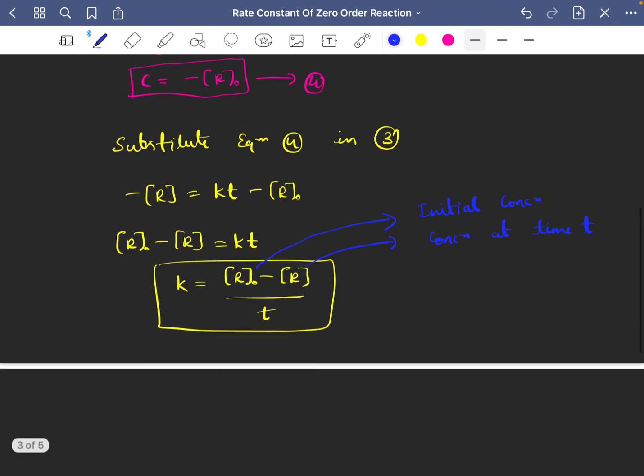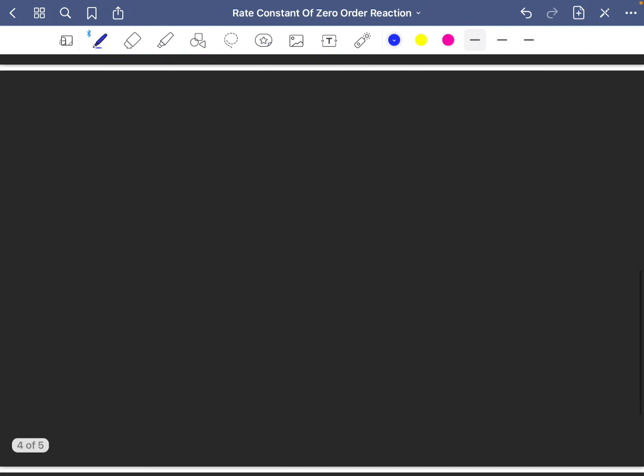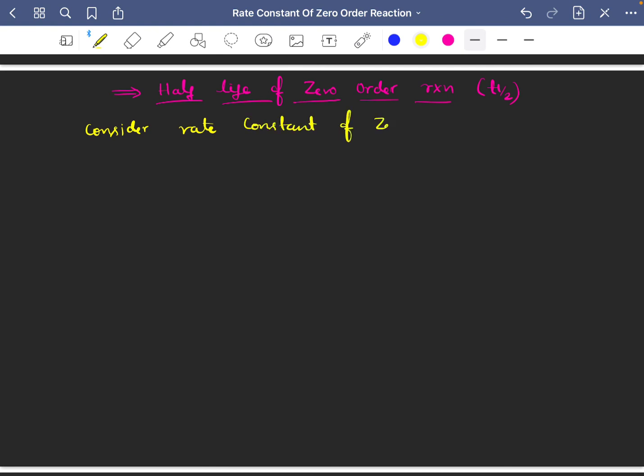Now we'll see how to find the half life of a zero order reaction. So note down the heading: half-life of zero order reaction. While finding the half-life, firstly we need to consider the rate constant of a zero order reaction.